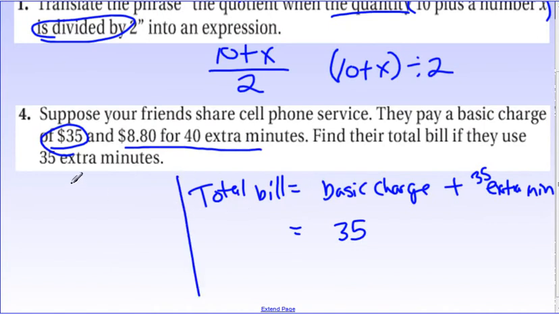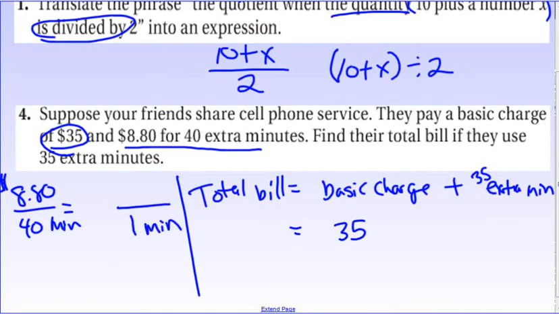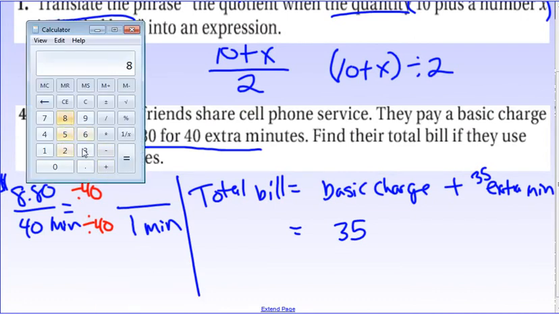So over here, $8.80 for 40 minutes, and we want to know how much it is for 1 minute. So you divide by 40. $8.80 divided by 40 is 22 cents.